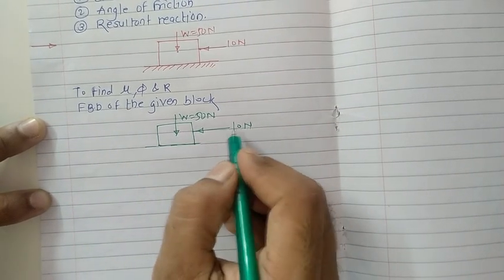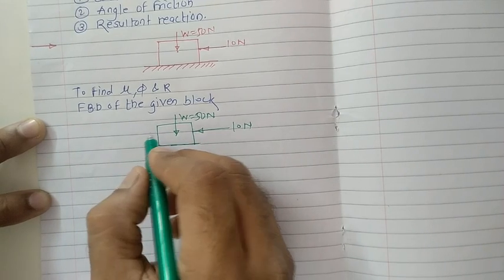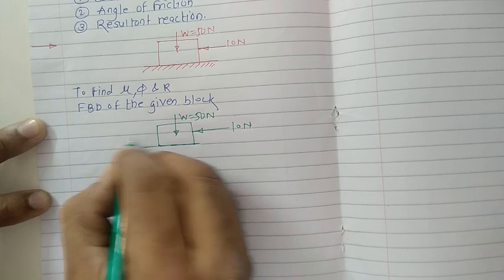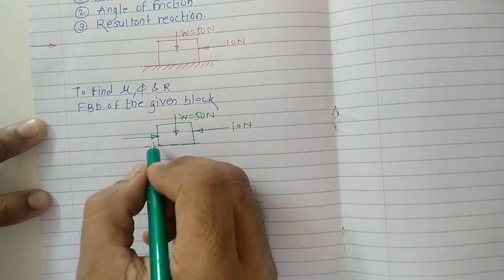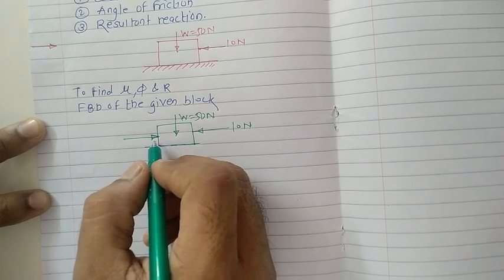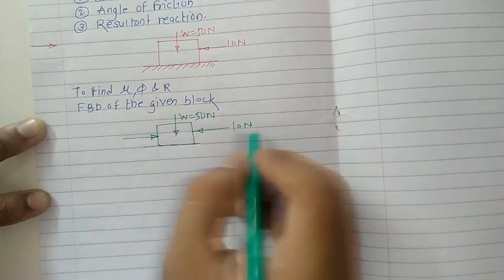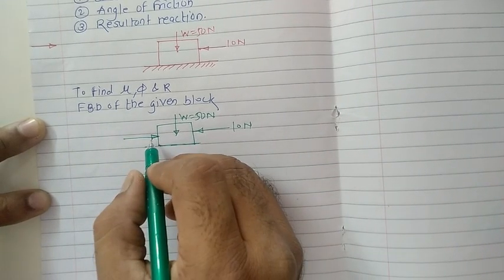Whenever we apply this 10 Newton force on this block in this direction, the opposing force, that is nothing but the resisting force, will act on this block in the opposite direction to that of the applied force. So this force is nothing but the frictional force.